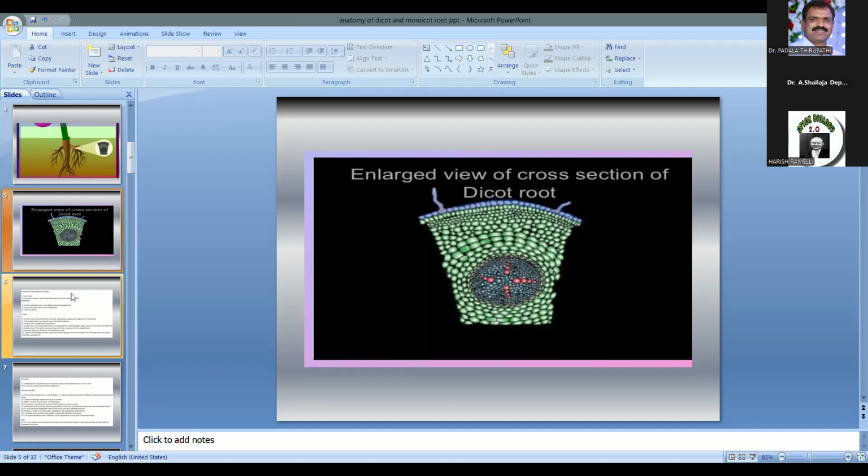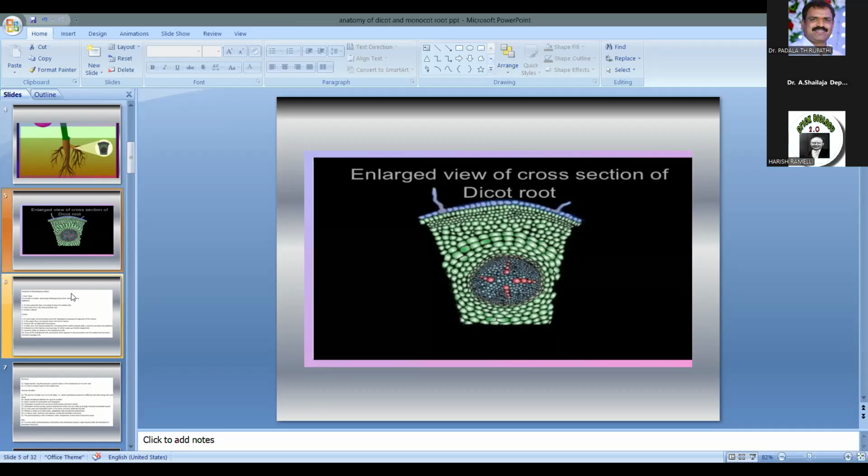And polyarch, where many xylem bundles are present. Only one xylem strand occurs in the slender root of the hydrophyte, Trapa natans. So remember this: 2 to 8 vascular bundles are present, but only one xylem strand occurs in Trapa natans.